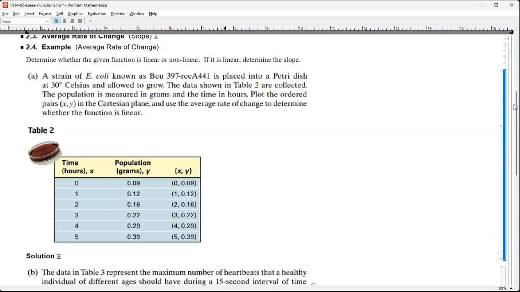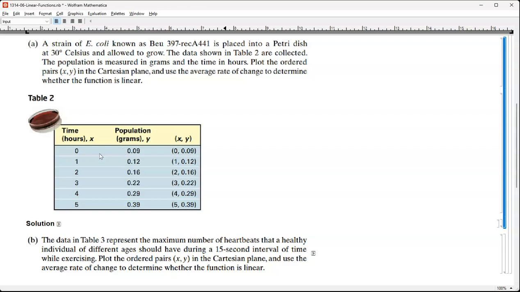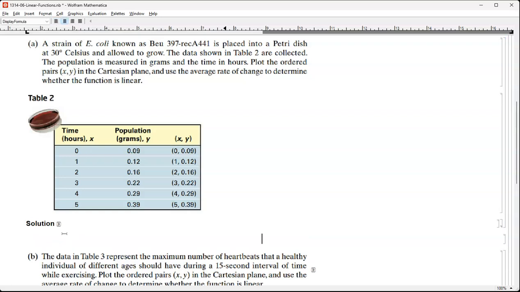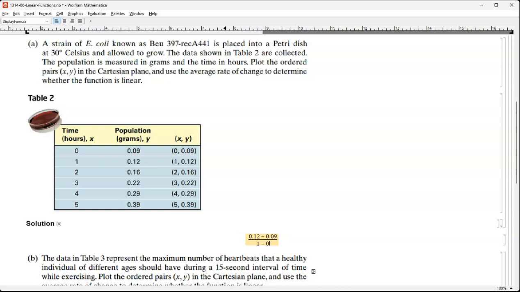And as for the average rate of change, let's see, from 0 to 1, the difference of y coordinate is difference of this, and difference of x coordinate is difference of that. So we're going to get this 0.12 minus 0.09 divided by 1 minus 0. So that's the average rate of change in the interval 0 to 1.